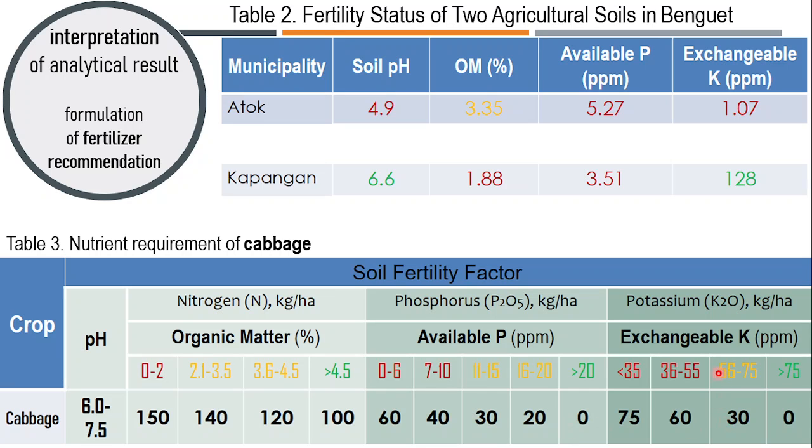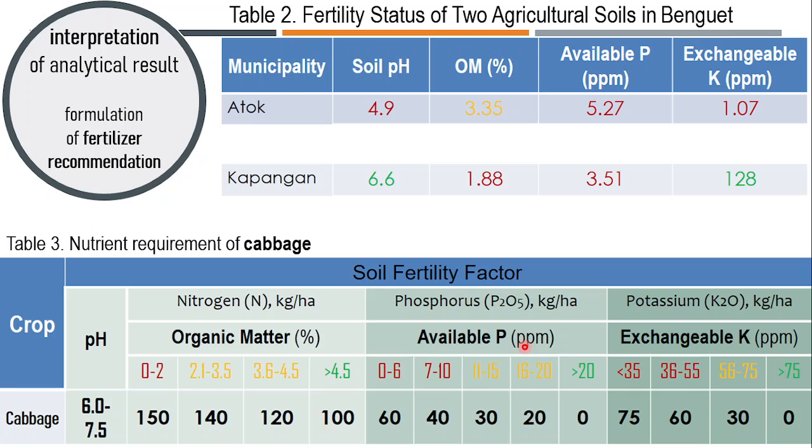For the third element, the exchangeable K, when the soil content is less than 35 ppm, we need to apply 75 kilograms of potassium fertilizer per hectare. And if it is greater than 75 ppm, there is no need to apply potassium fertilizer since this amount can support the cabbage to attain its optimum growth.